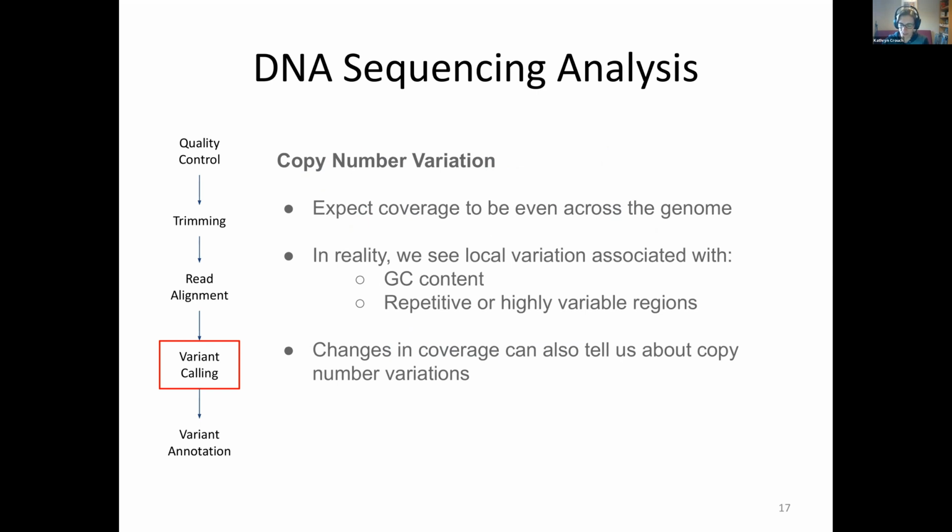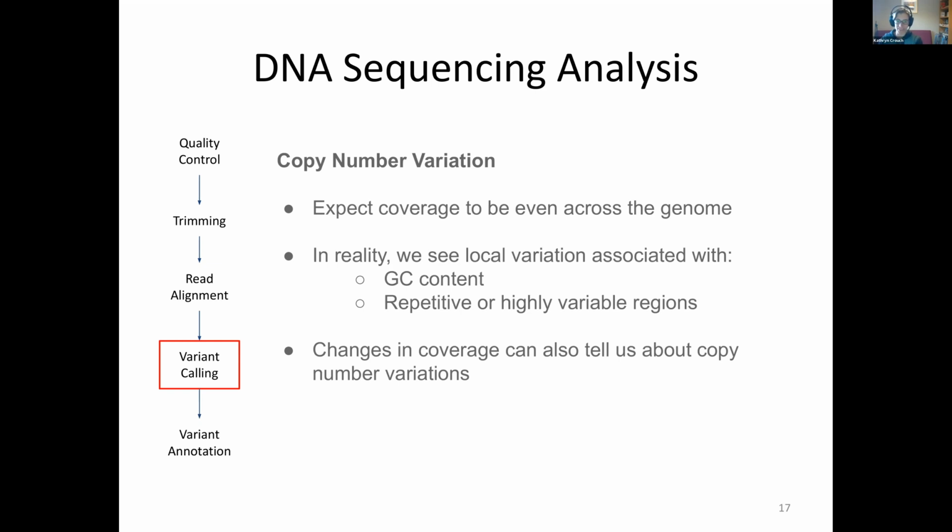And that's because this isn't RNA sequencing. If you have a single copy gene and you have two copies of the chromosome, you should have exactly the same amount of input material as you would do for another single copy of gene on two copies of the chromosome. So if you're sampling evenly, the coverage should be even.